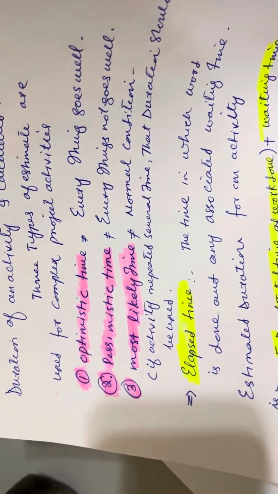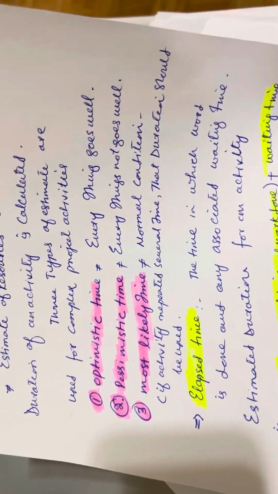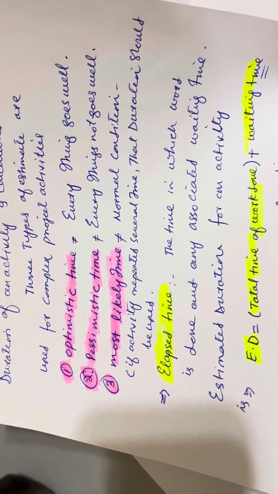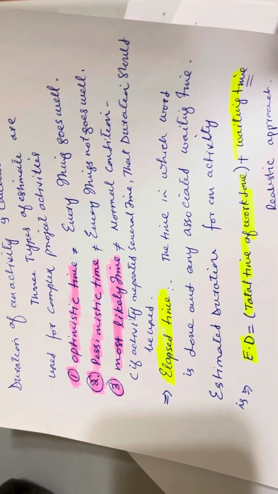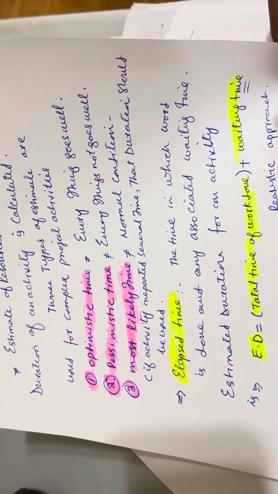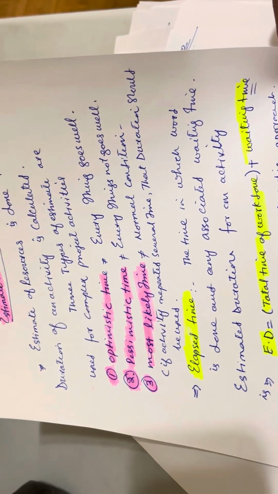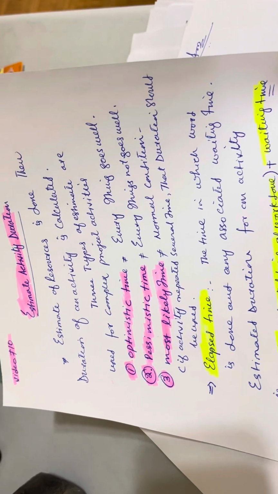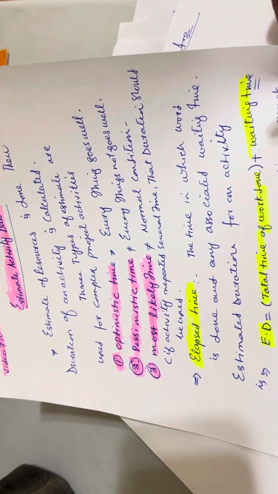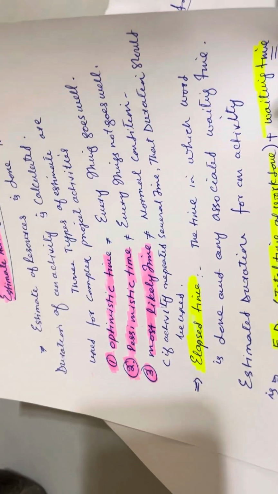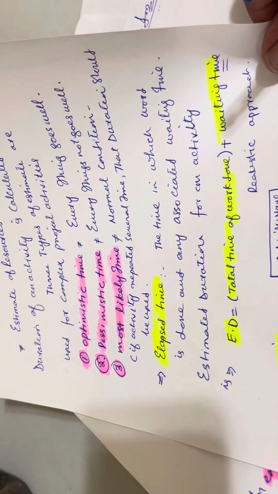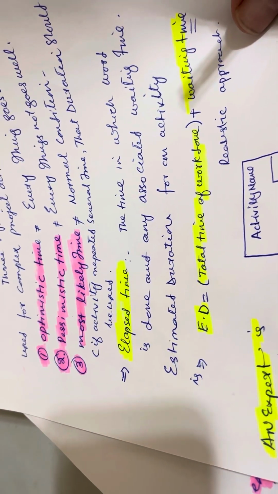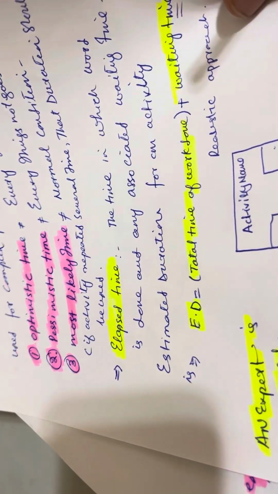Another is the median. Median is the most frequent occurrence of a number. If there is a repeated activity in the projects which takes about the same amount of time, that's called the median, the time of most likely occurrence. And in activity duration in the standard, there is the elapsed time when you calculate a duration.